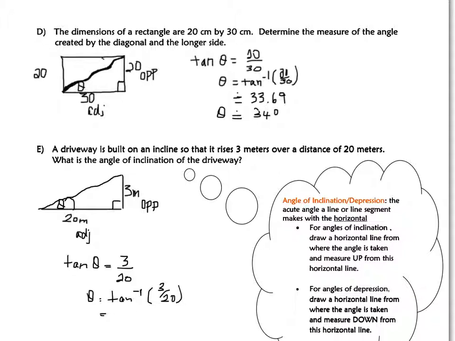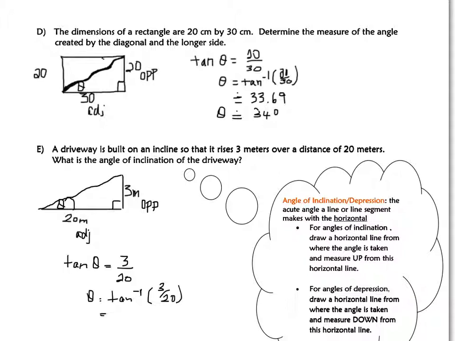And I always put brackets around my fractions because I use the division; I never use the fraction option on my calculator. So I'm using inverse tan, the second function of the tan key, and then I have bracket 3 divided by 20 bracket, because I don't want the calculator to actually find the inverse tan of 3 and then divide that answer by 20.